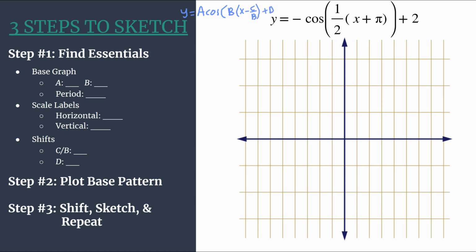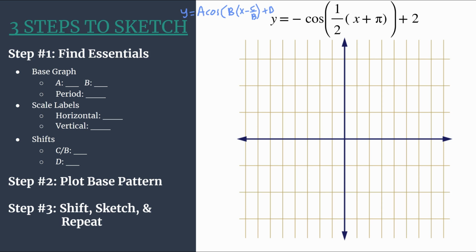The bx minus c turns into b parentheses x minus c over b, and that's to show that the c over b is our phase shift. If you like to leave it alone, you can, but just to prevent that temptation, we have it written out like this so we can clearly see the phase shift and we know we're going to get it right.